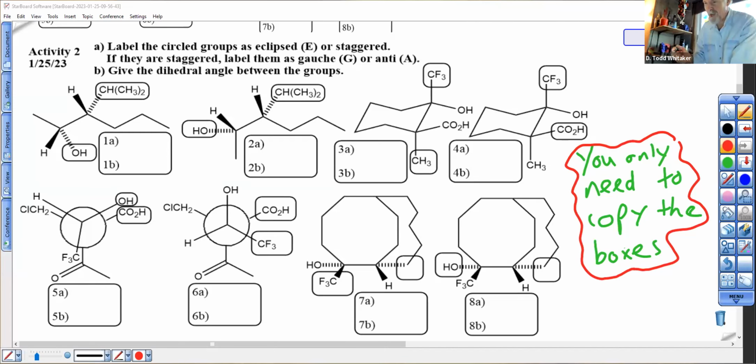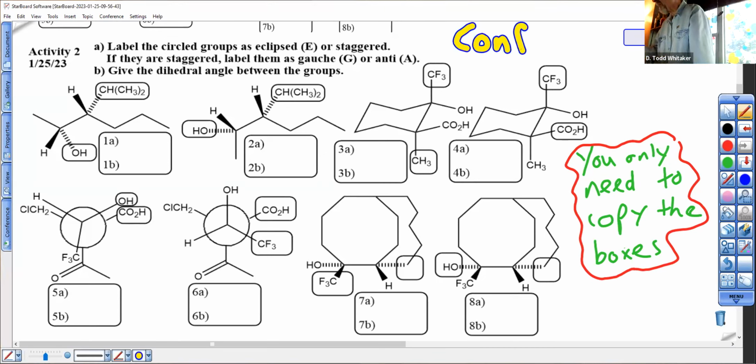Next, we're going to do something called conformations. Some of you have been reading about conformations. So we have some new words.